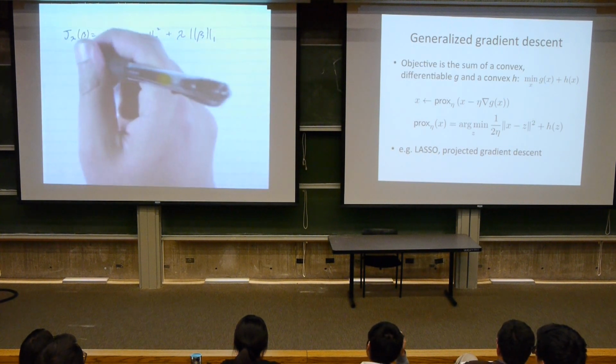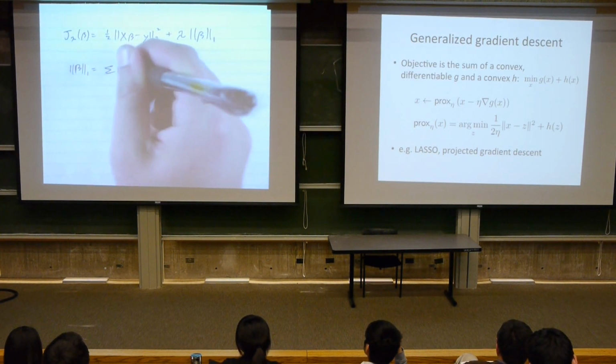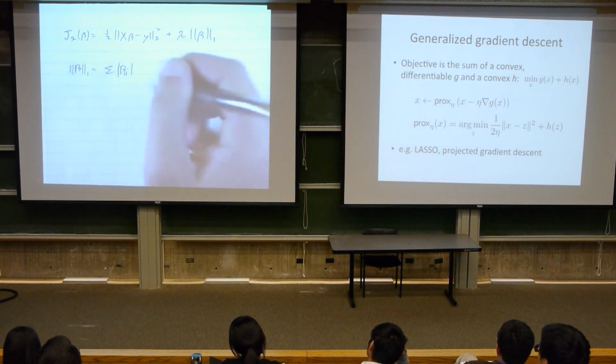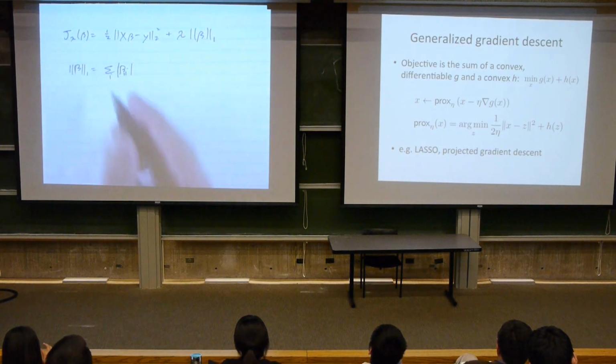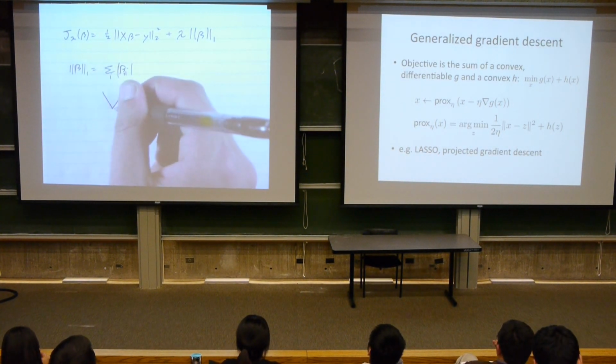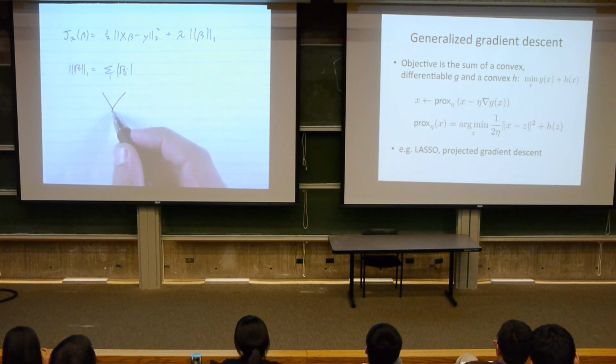And the 1 norm is just the sum of the absolute values of the vector. So this is like the absolute value function. In one dimension, it's the same thing as the absolute value function, so at 0, it's not differentiable.